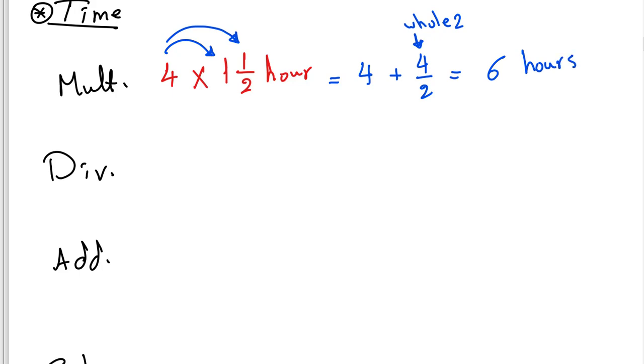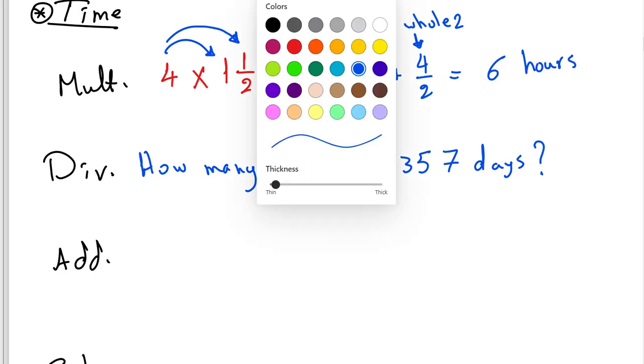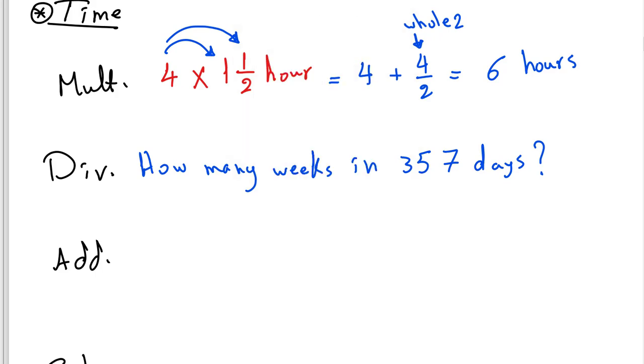Okay, what about division? Division questions like how many weeks are in 357 days. Okay, and to answer this question, my heroes, just divide 357 divided by 7.